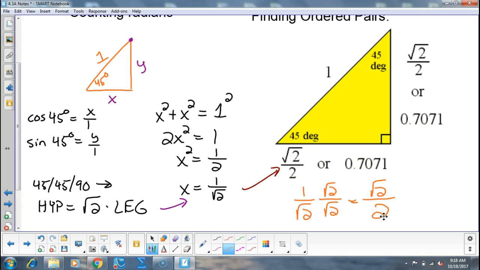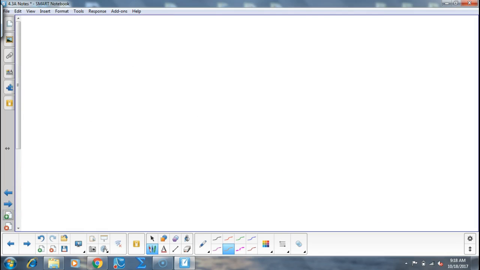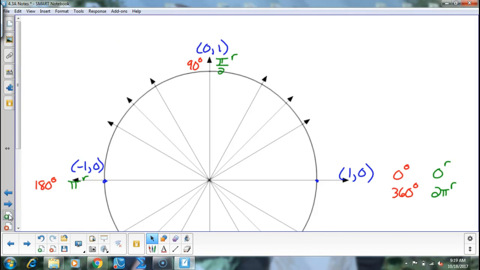Okay? With me? So knowing that fact, now we can go forward here. So now let's put these points in. Let's go black for these points. So here is this point, which is now at (square root of 2 over 2, square root of 2 over 2).